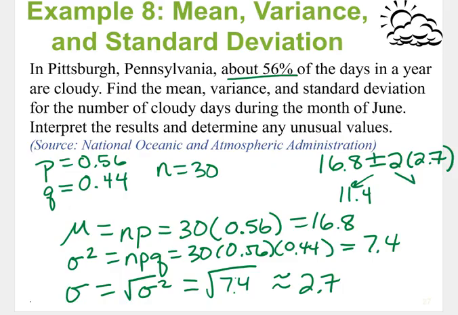And on the high end, 16.8 plus 2 times 2.7 gives us 22.2. So 23 days or more of cloudy weather would also be unusual. So you get the high end unusual and the low end unusual. Make sure you cover both sides. But again, remember, unusual is more than 2 standard deviations.